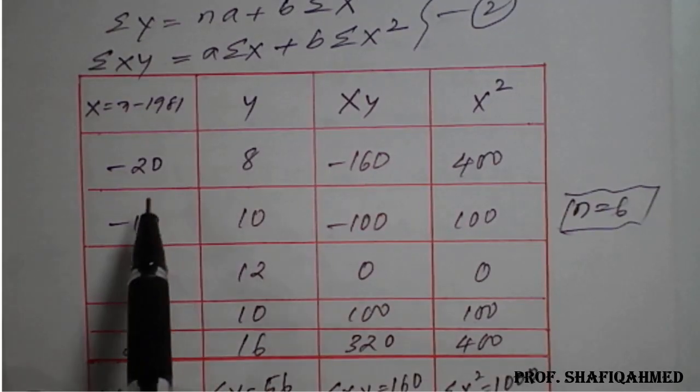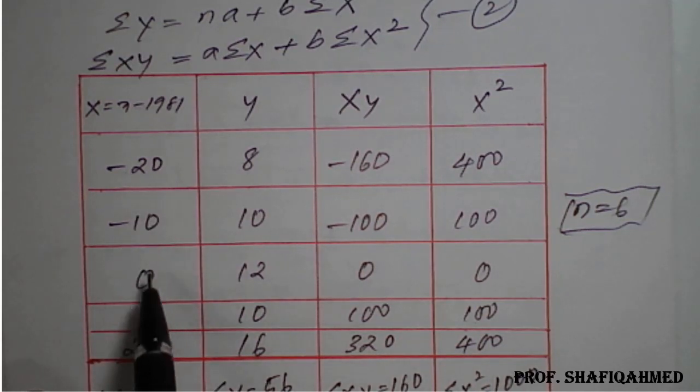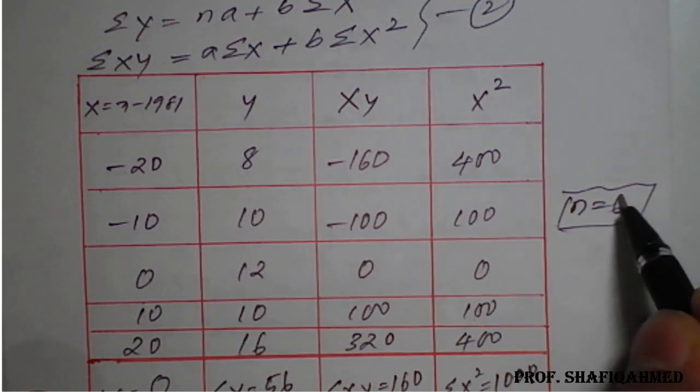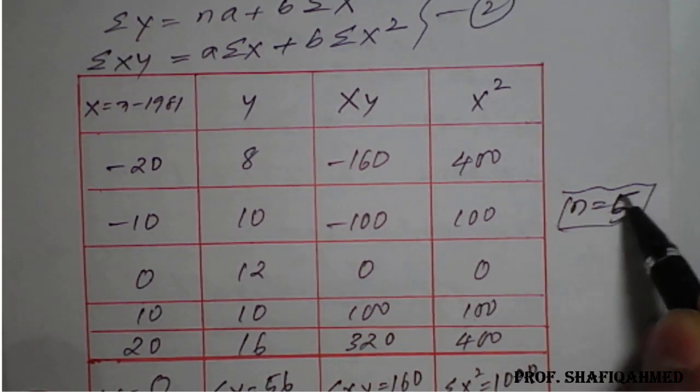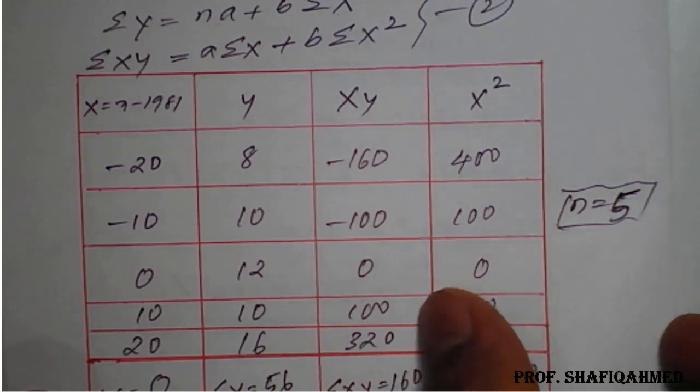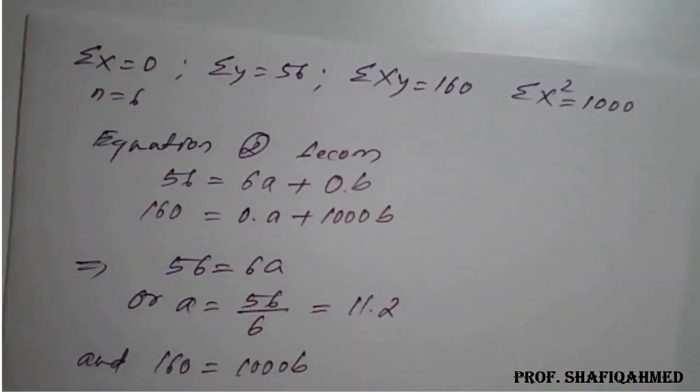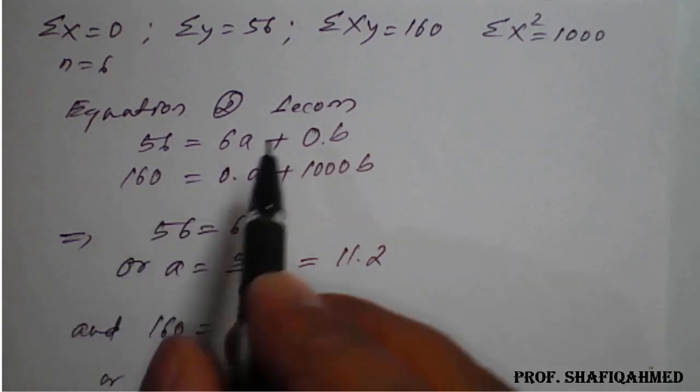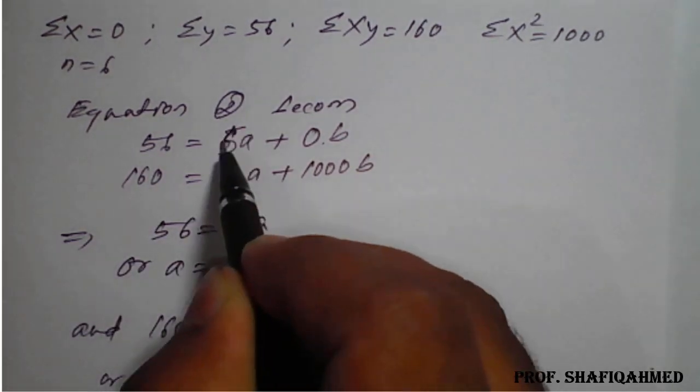There is a small correction. The value of small n is 1, 2, 3, 4, 5. It is 5, not 6. I have to make the correction. It is 5, so it will become 5a.